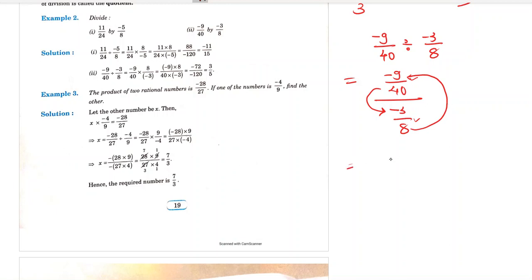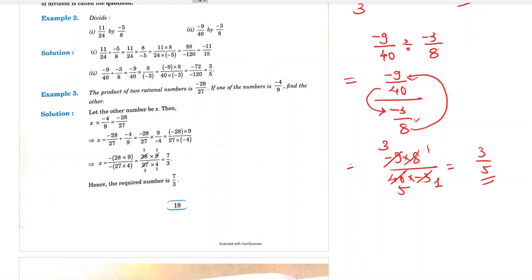And then it will look like: minus 9 into 8 upon 40 into minus 3. 8 ones are 8, 5s are 3, minus 3 ones are minus 3, threes are. So this is nothing but 3 by 5. Your answer will be 3 by 5.